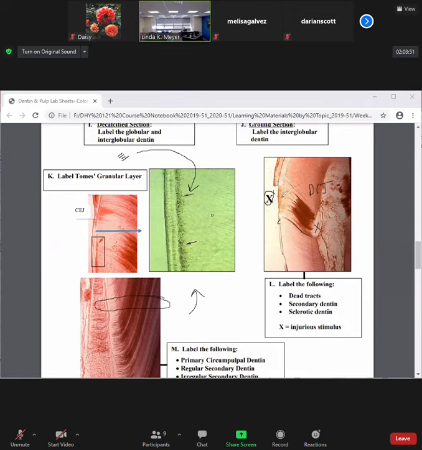And then out next to the stimulus, the tubules were sealed off, plugged up with hydroxyapatite crystals, creating the sclerotic dentin. And then these accentuated tubules are the dead tracts. So here's normal tubules. Right in here where they're very dark, those are the dead tracts.